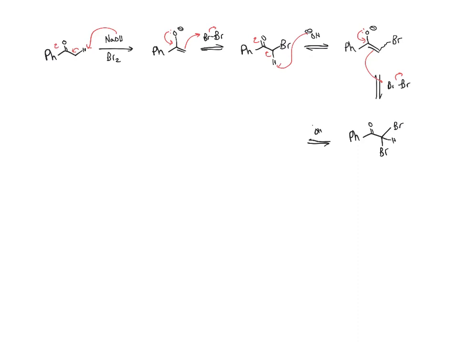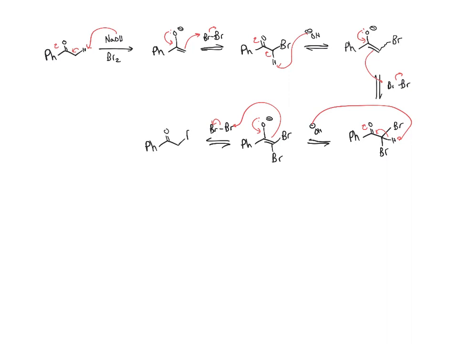And so hydroxide can come along and form an enolate once more. And now you can get a third bromination. And so now you have this tribromo ketone.